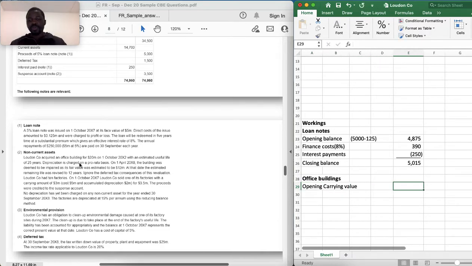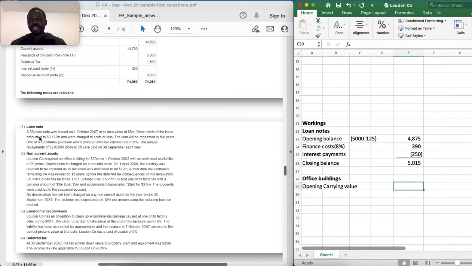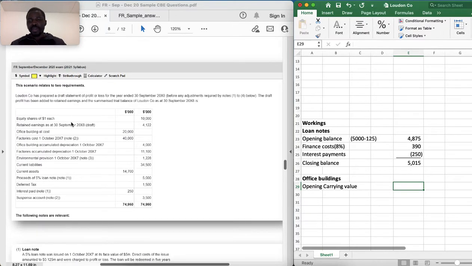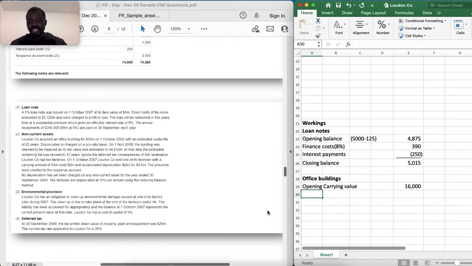I assume we have already read this. The opening carrying value. Let's go to our trial balance. The office building costs 20,000. Accumulated depreciation as at the beginning of the year is 4,000. So the opening carrying value is 20,000 less 4,000. That is 16,000.